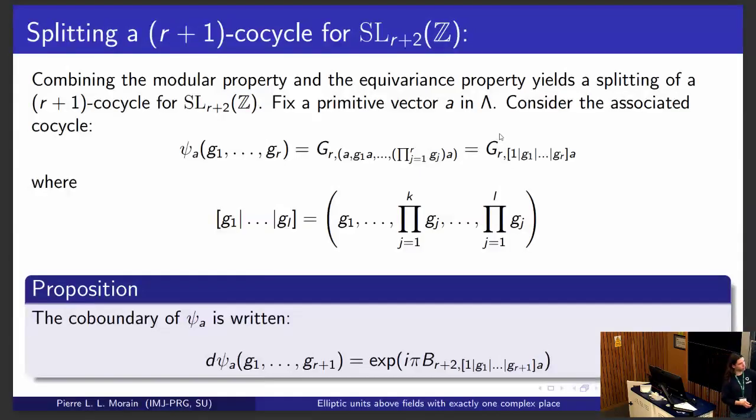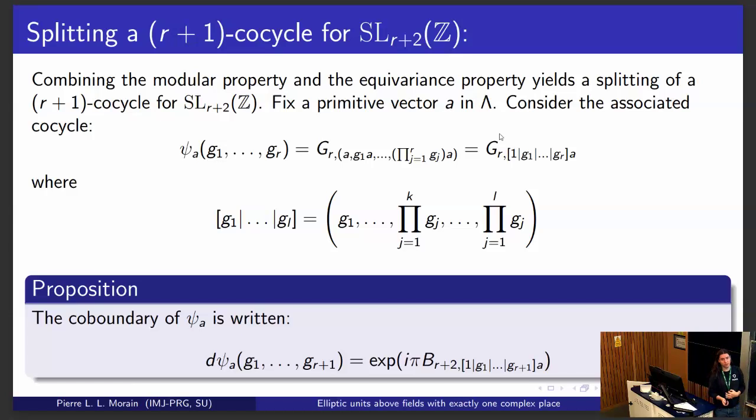And you write the coboundary of this as the exponential of the Bernoulli polynomial on the right-hand side. This should be very familiar if you remember the talk of yesterday, where you had two elements of SL_3(Z).